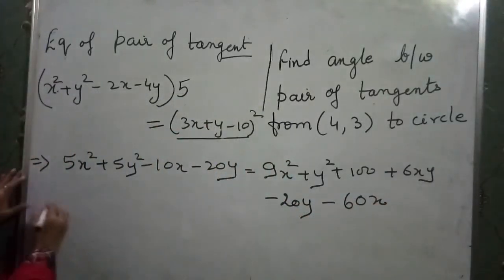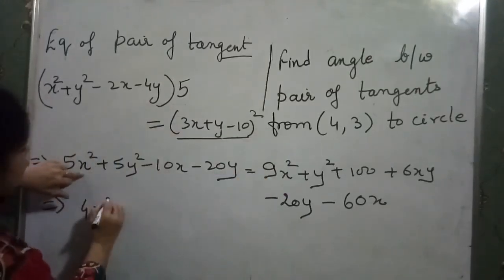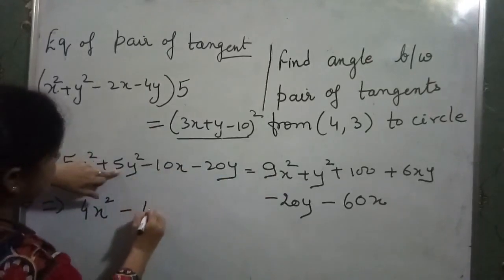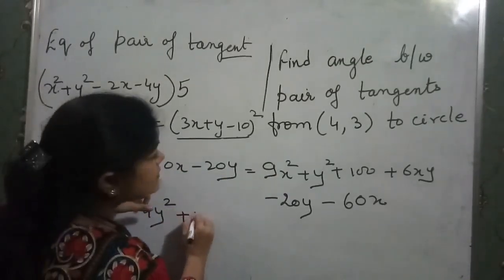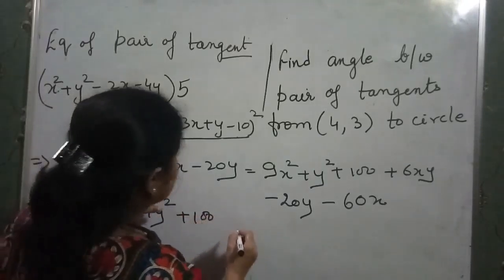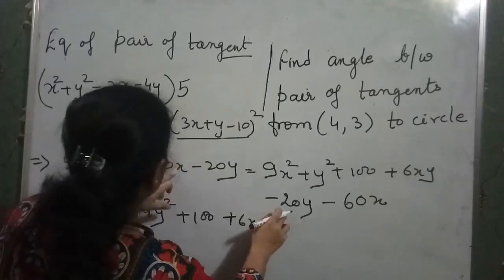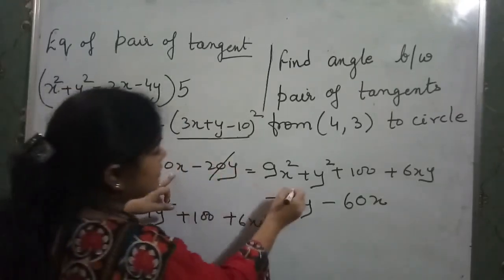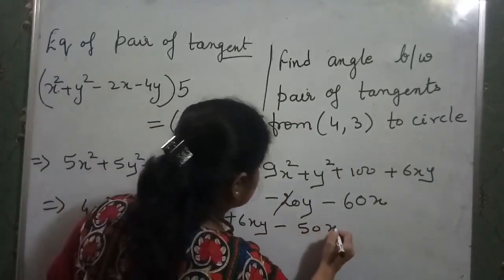Now solve this equation. Just take it over there. We have 4x square, and when it goes there, this is minus 4y square. Then 100 as it is, 6xy as it is, minus 20y gets cancelled, and 60x goes there, it becomes minus 50x.